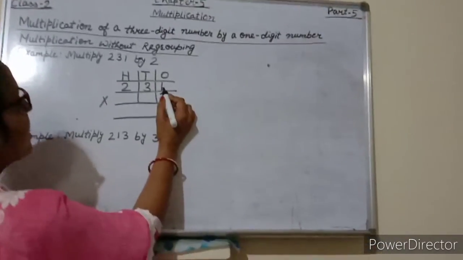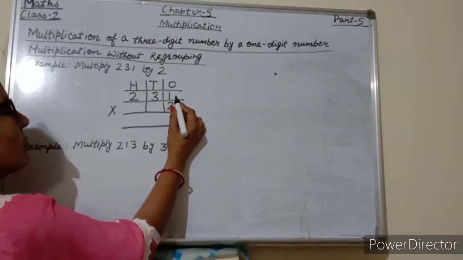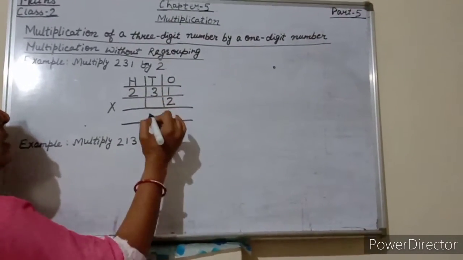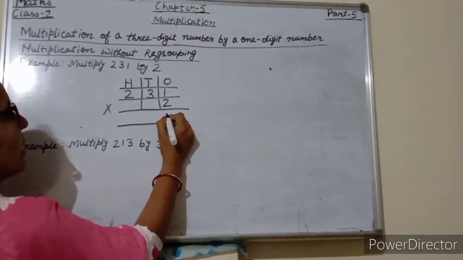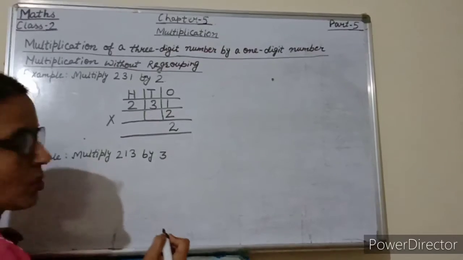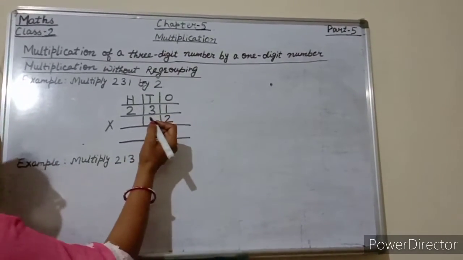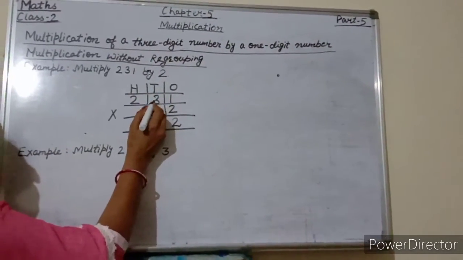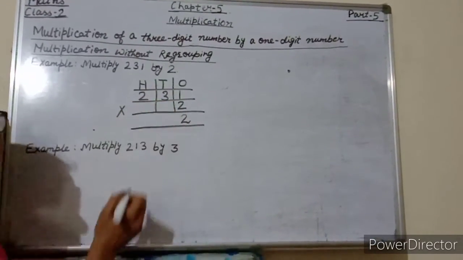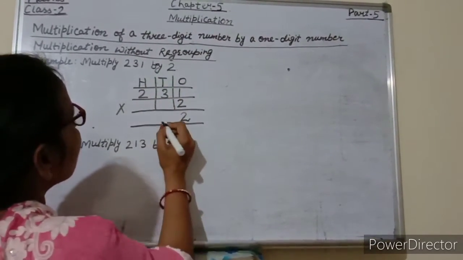1 into 2, so 1 into 2 is equal to 2. Here we will write 2 under the ones column. Now come to the next, the tens. 3 tens into 2 is equal to, very good, 6 tens.